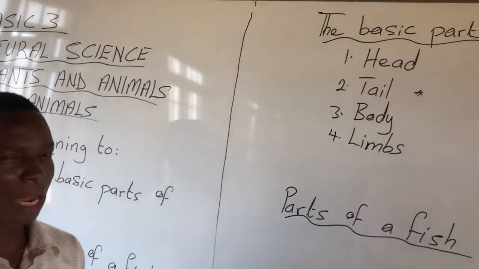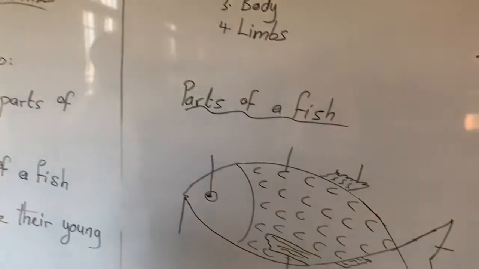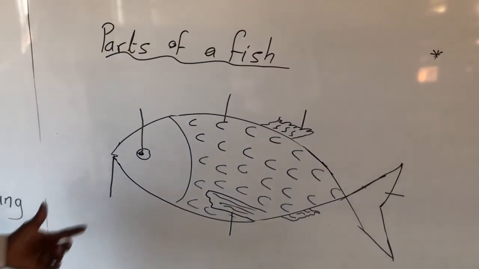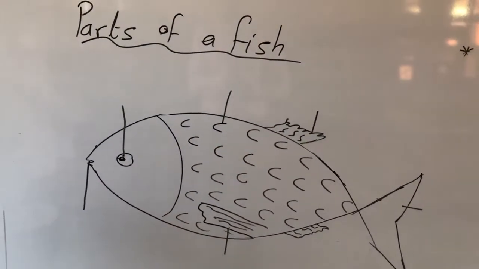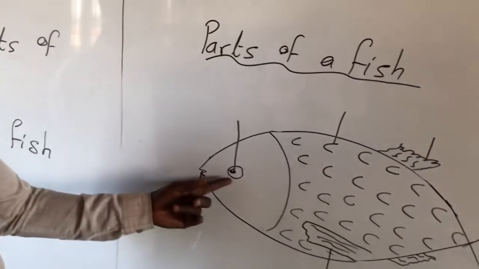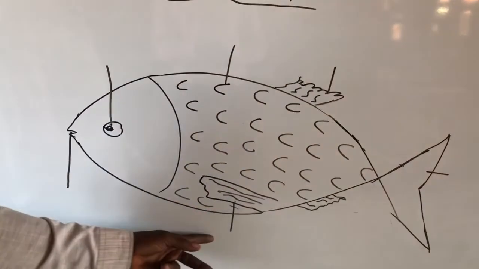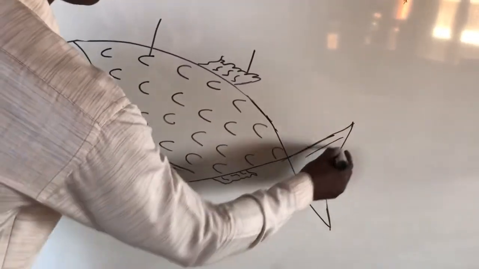Let's continue to identify the various parts of a fish. Look at this side, and this side. We will be looking at all these things.